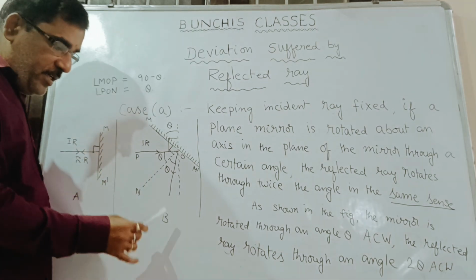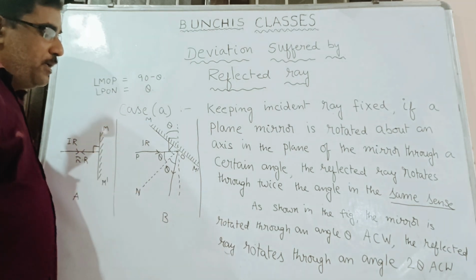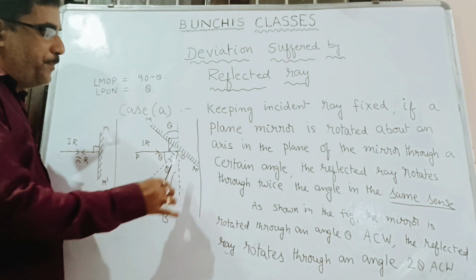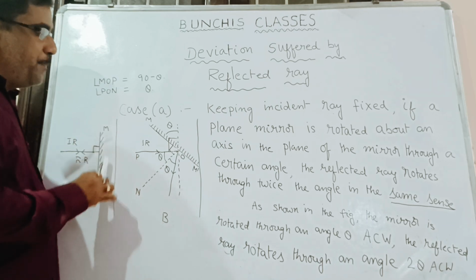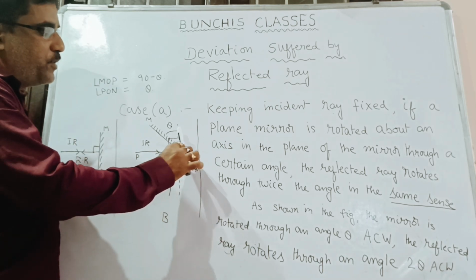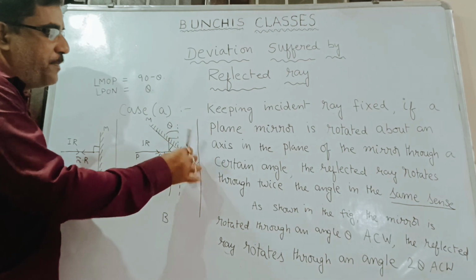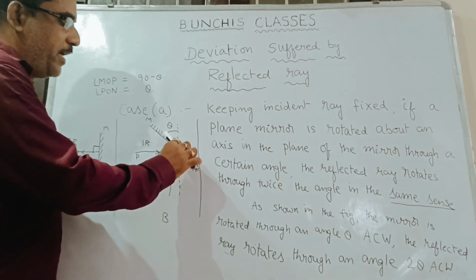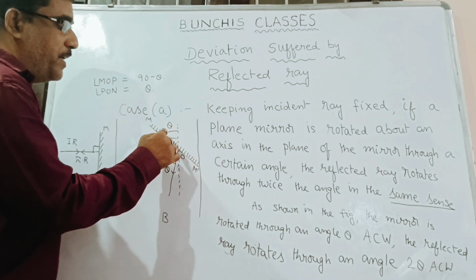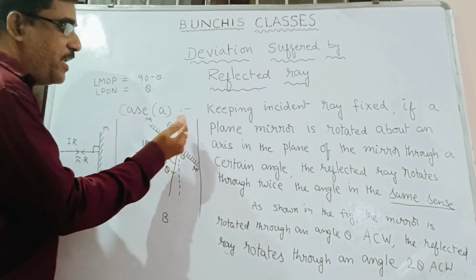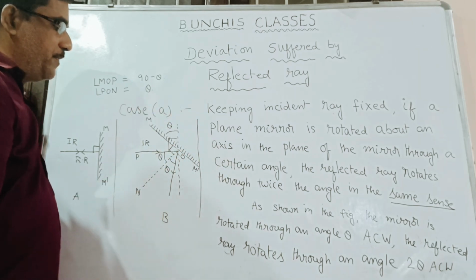Let us come to the next position. This is figure A, and let us observe what happened in figure B. Actually, this is the position of the mirror in the previous case. From this position, we have rotated the mirror in this sense, like this. The mirror is rotated making a theta angle in anti-clockwise direction.